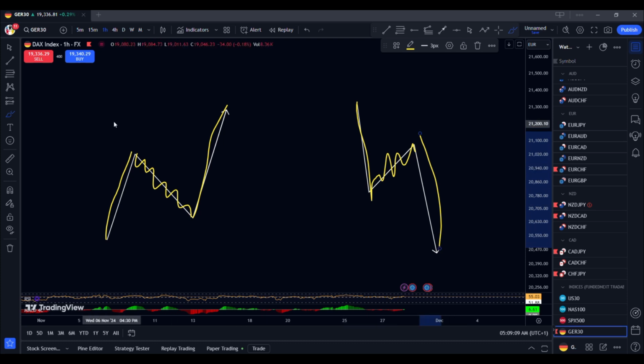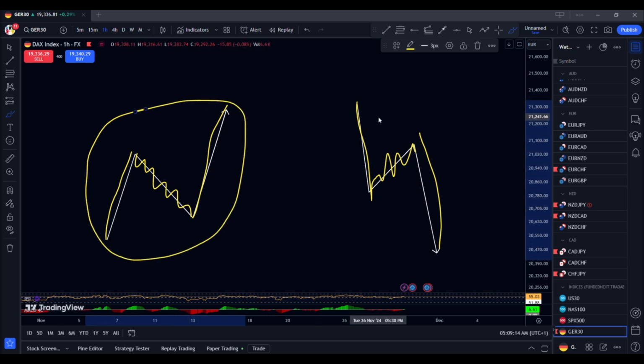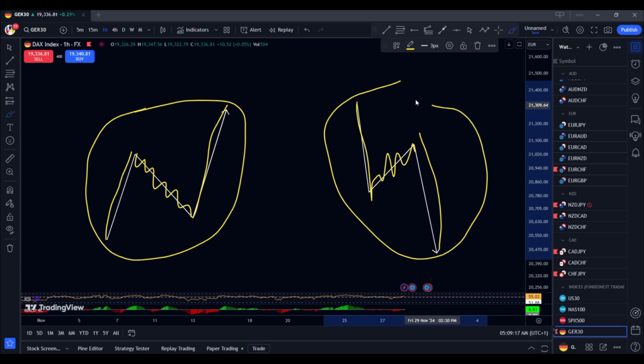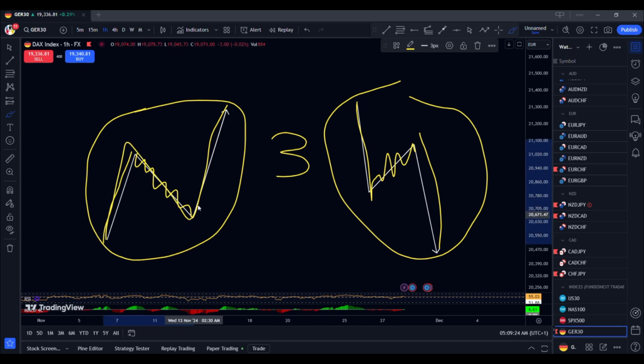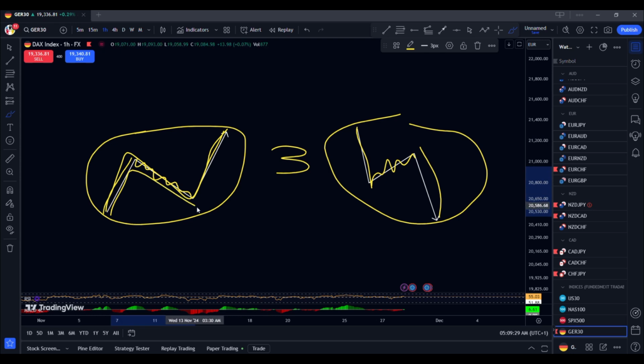Now, this is the basics of wave analysis, that the market moves in 3, and this already is a complete wave and a complete trend, because according to Dow theory, a trend is in play if the later impulse breaks the high of the previous impulse after this correction.